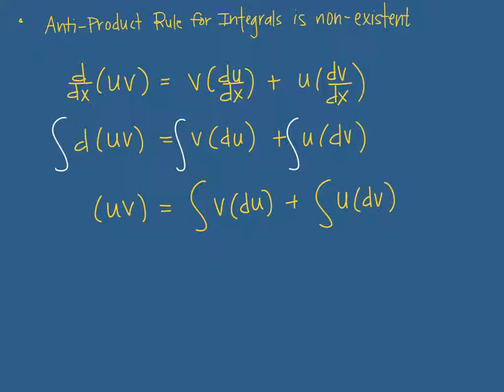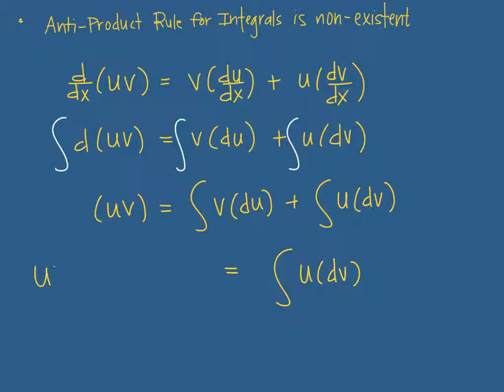And what we want to do is isolate one of the integrals so that you don't have both on the same side. It wouldn't really matter which one you did, but we'll just try and stay consistent with the rest of the world. And the rest of the world has decided to isolate the u dv part. And so what do I do to the other integral? I subtract it.